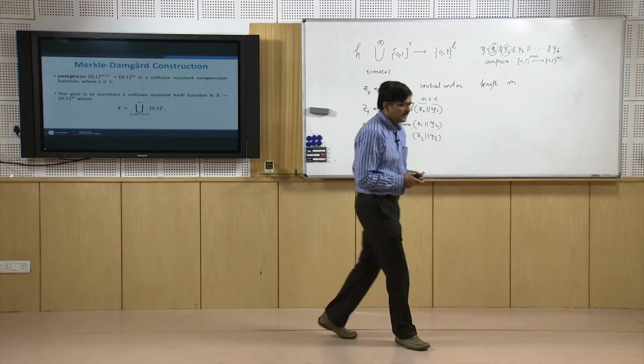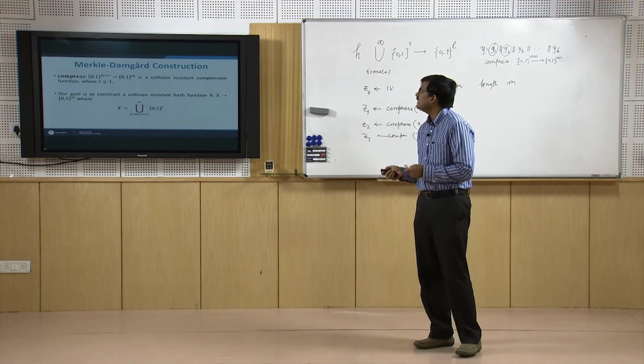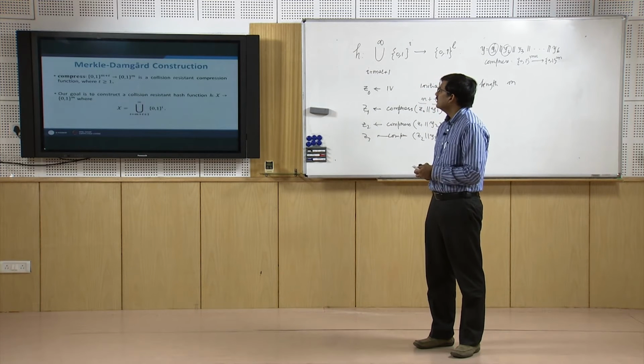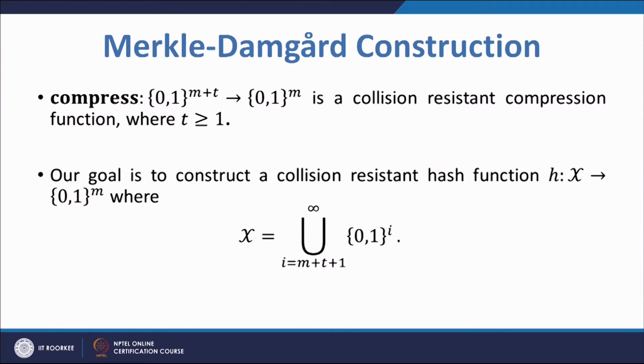Based on this strategy, we have a particular construction which is called Merkle-Damgard construction. I will discuss the steps of Merkle-Damgard construction now.